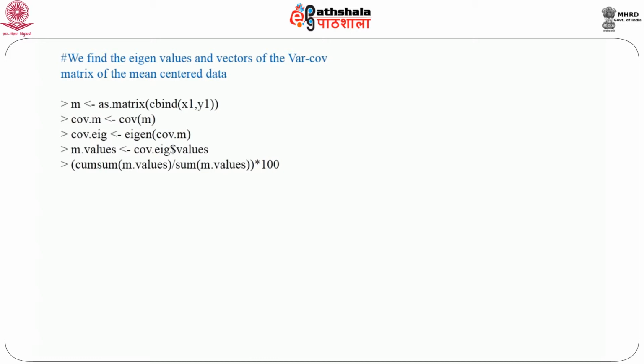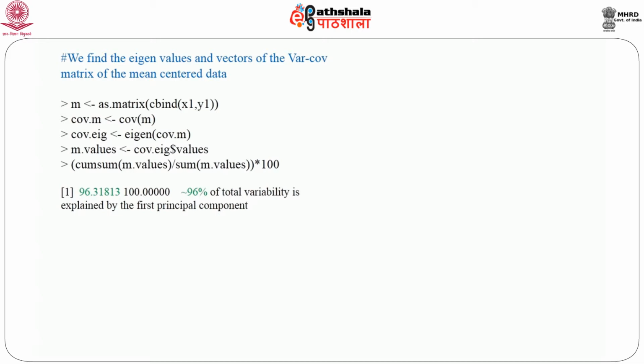So here we have the cumulative proportion of the variability explained by the principal components. Note that the first principal component explains about 96% of the total variability in the data. So instead of working with the original two variables, we can work with the first principal component without significantly losing much information.